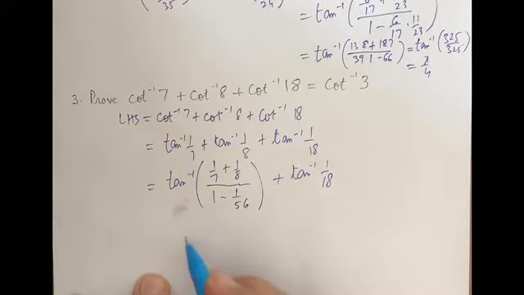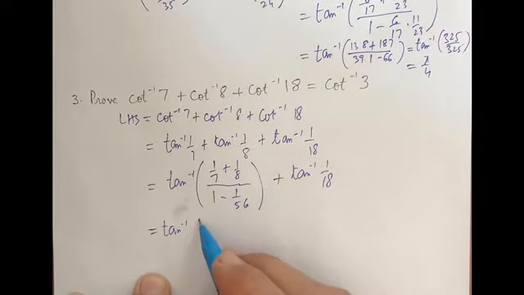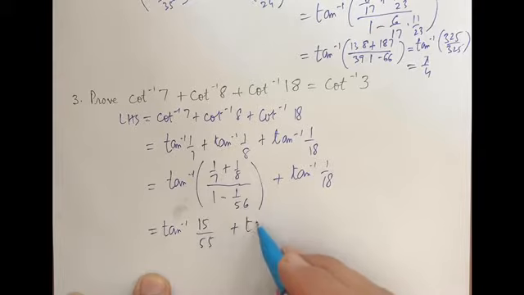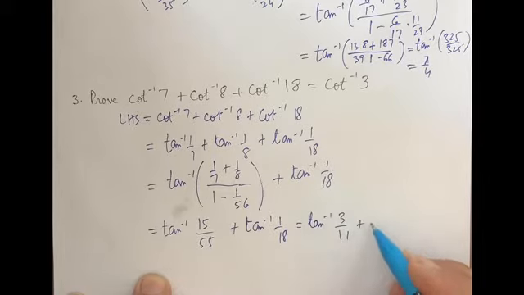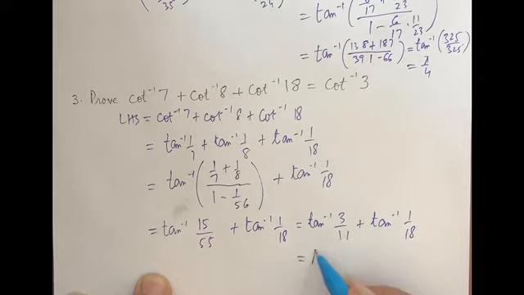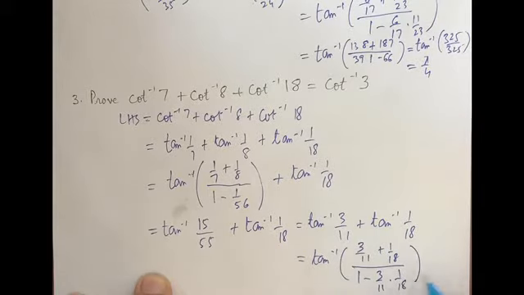This is tan inverse of, this will be 8 plus 7, 15, upon 56 minus 1, this is 55, plus tan inverse of 1 by 18. This is tan inverse of 3 by 11 plus tan inverse of 1 by 18, which is tan inverse of 3 by 11 plus 1 by 18, upon 1 minus 3 by 11 into 1 by 18.